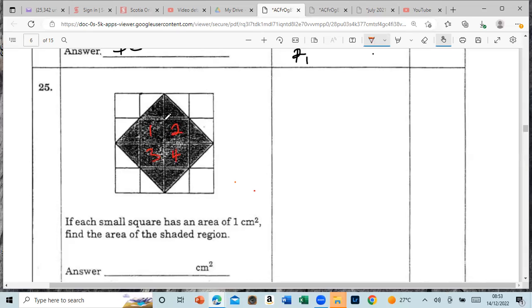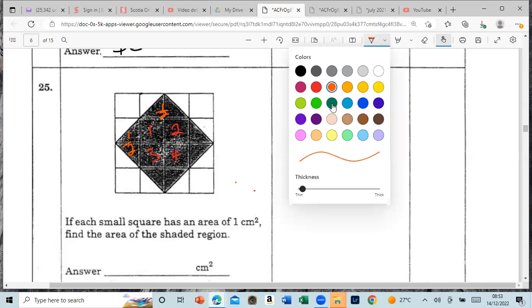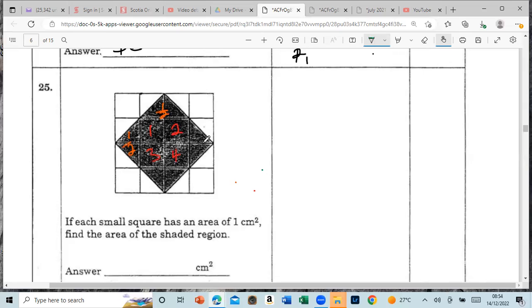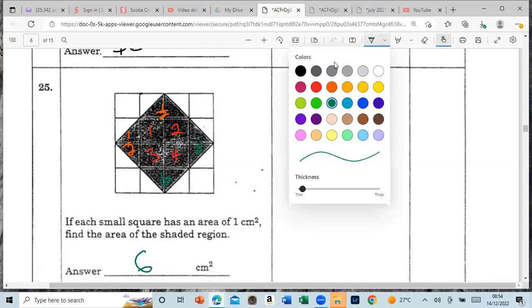So this is a half, and we have a half here and another half here. So this makes 1. So it's 4 plus 1 plus 1. So it's actually 6. But nevertheless, good try everyone.